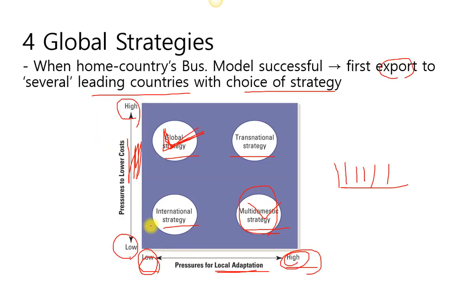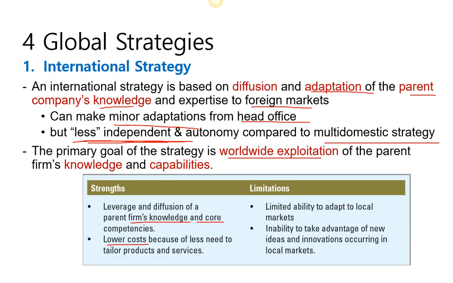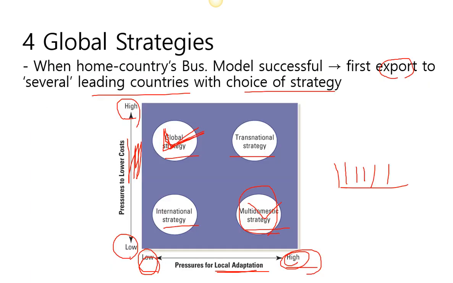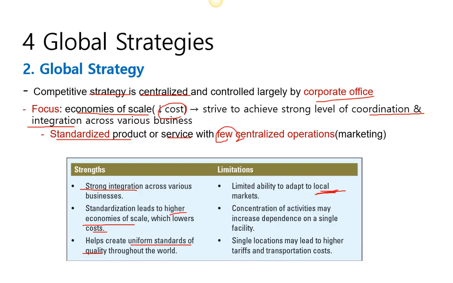So if you want to diffuse and exploit worldwide, then you would go for international strategy, because you're not adapting to local needs, but at the same time, there's no pressure to lower the cost.